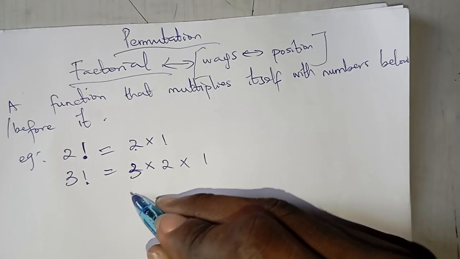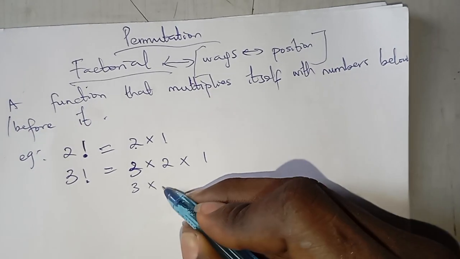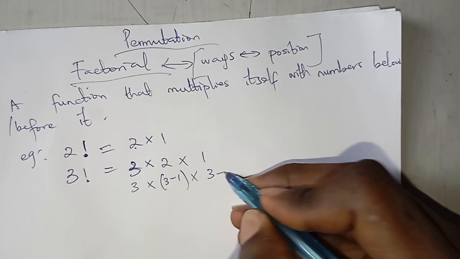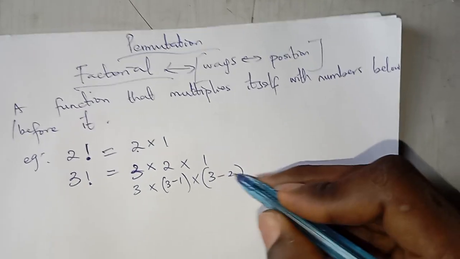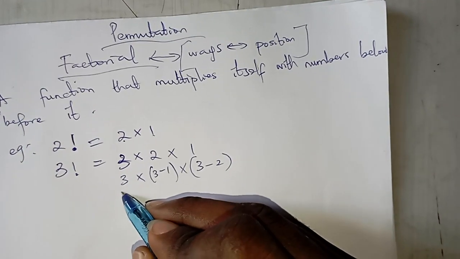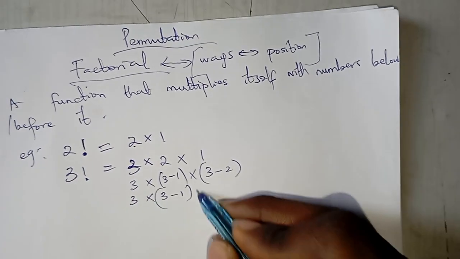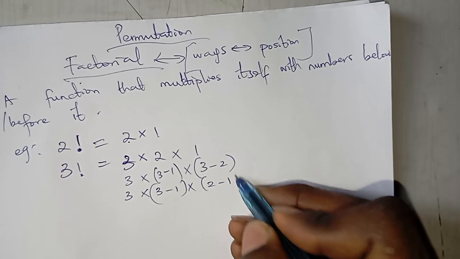And notice that this is the same thing as saying 3 times (3 minus 1) times (3 minus 2). 3 minus 2 gives you 1. This is also the same thing as saying 3 times (3 minus 1) times (2 minus 1).